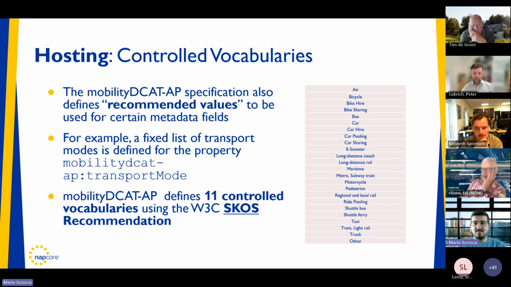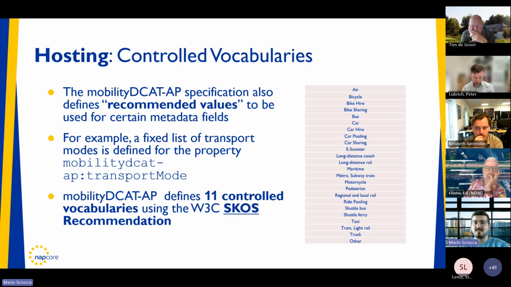So within mobilityDCAT-AP, we define also some controlled vocabularies that are specific for the transport domain that we consider. And also these controlled vocabularies are hosted within the mobilityDCAT-AP organization.